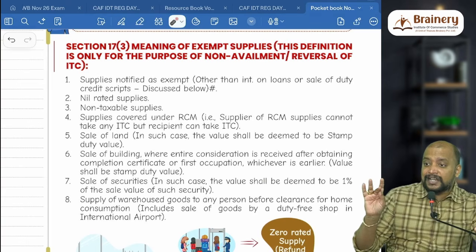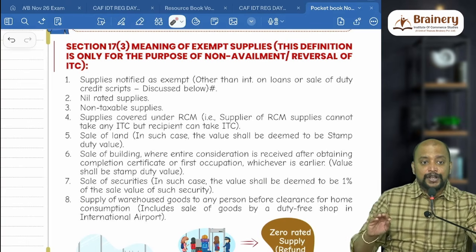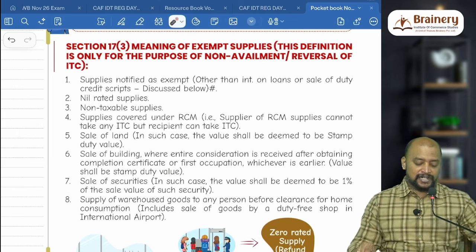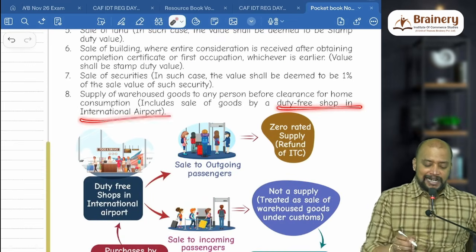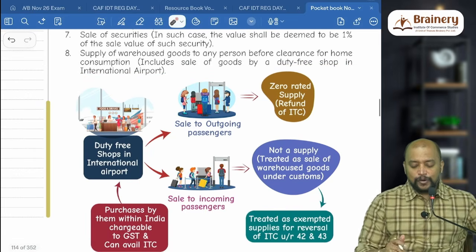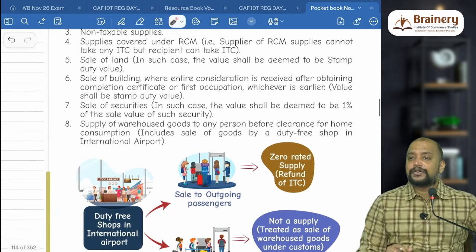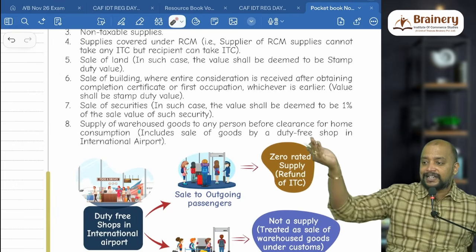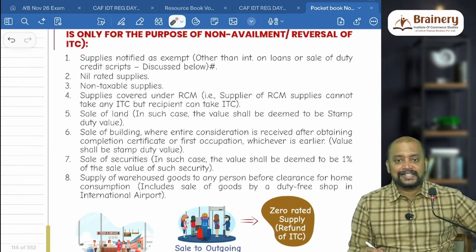Sale of securities and supply of goods by a duty-free shop to the incoming passengers. So, sale of goods by duty-free shop in international airport to which passengers? Only to the incoming passengers. To outgoing passengers, that is zero rated supply, that will be grouped under taxable. So, these are the 8 transactions which are treated as exempted supply.